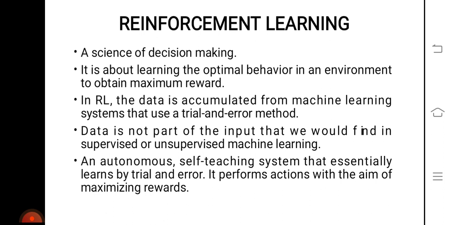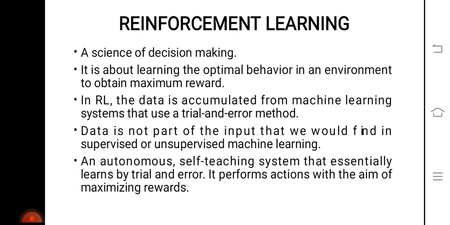The data is accumulated from a machine learning system that uses a trial and error method. If it gets a negative reward, that is negative feedback, it will change. If an error occurred, it will change the decision.